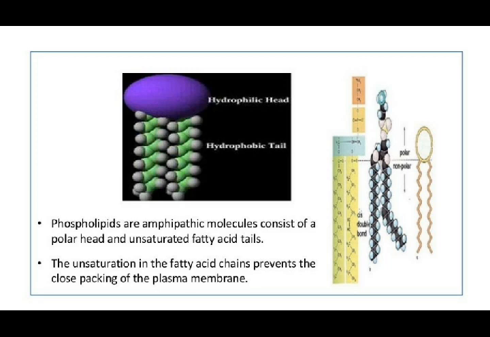Phospholipids are amphipathic molecules consisting of a polar head and unsaturated fatty acid tails, which are hydrophobic. The unsaturation in the fatty acid chain prevents close packing of the plasma membrane.